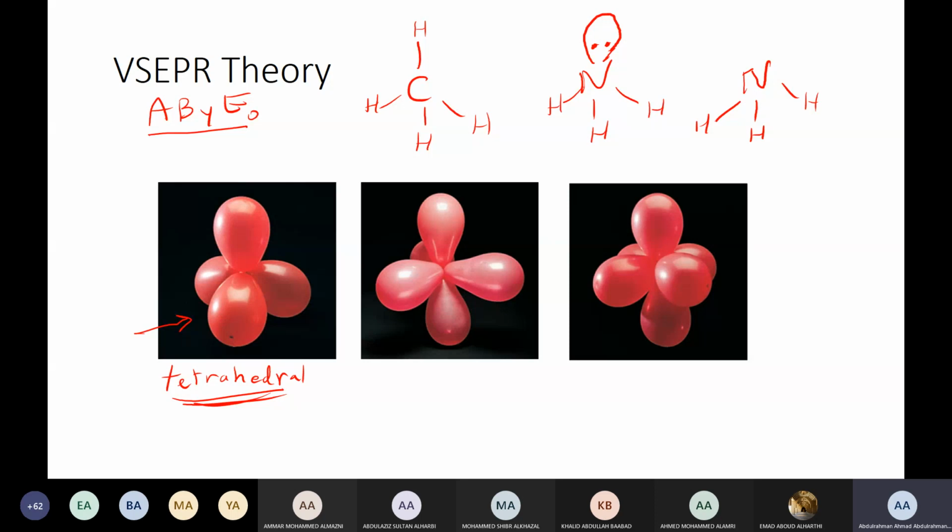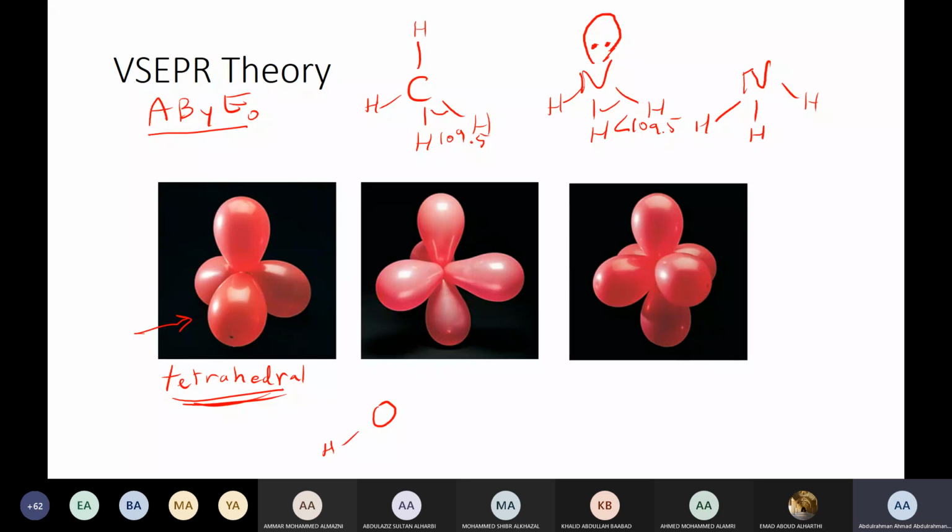It will be trigonal pyramid. And you should know the angle. What's the angle here? 109.5. Less than 109.5. Clear?